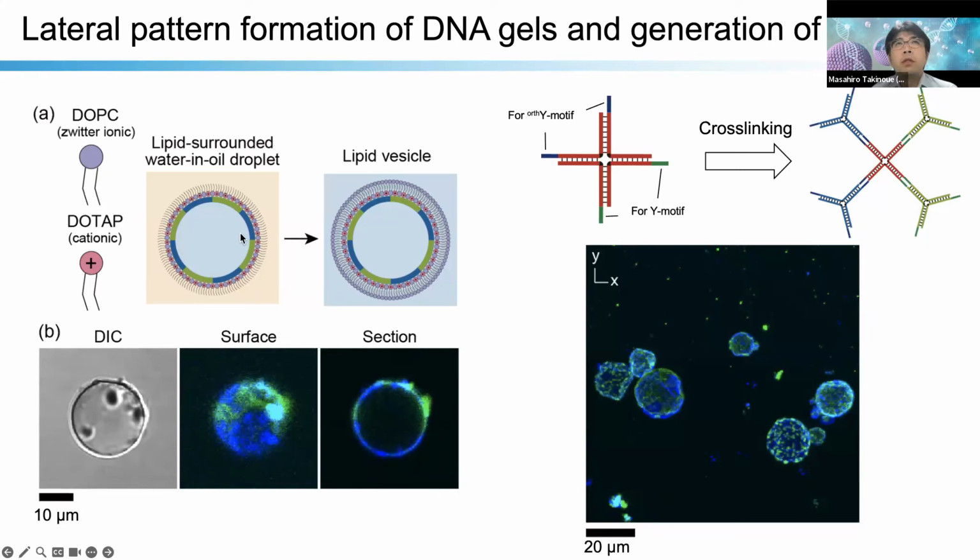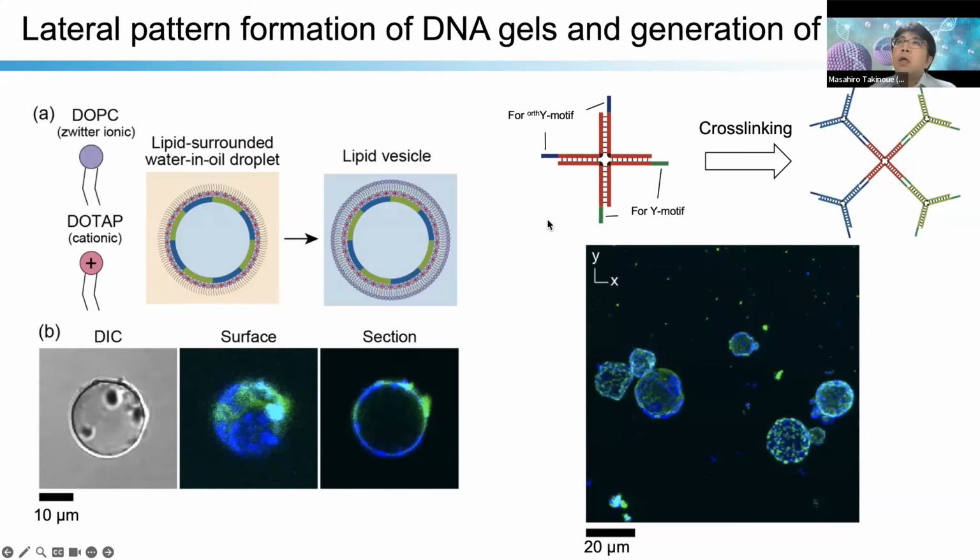So after the formation of the lipid vesicles from this water micro droplet, we had this kind of structure, liposome with a DNA hydrogel inside. So this is the result. This is the liposome, the edge, and this is a cross section of these structures.